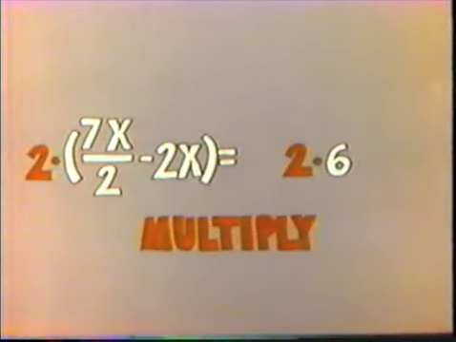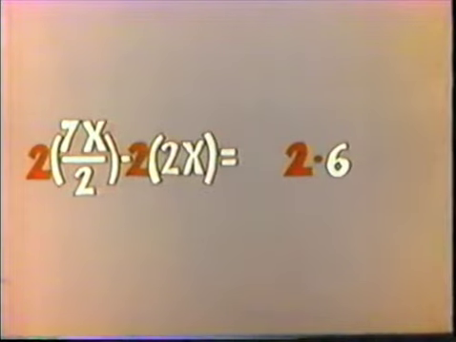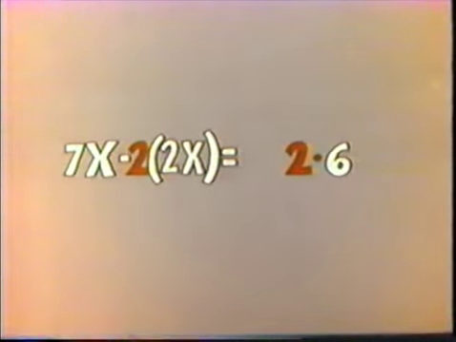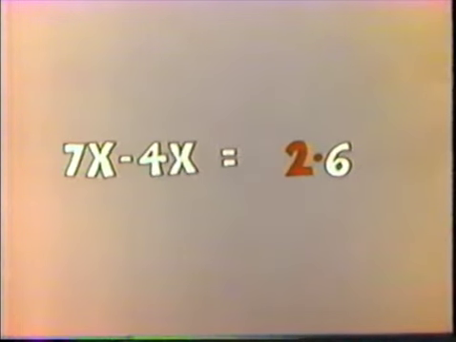Now that all the x terms are on the left side, our goal is to find out what x is equal to. Let's multiply both sides by 2 to eliminate denominators. The left side can be expressed as 2 times 7x divided by 2 minus 2 times 2x. Simplifying further, we find that 2 times 7x divided by 2 equals 7x, while 2 times 2x equals 4x, and the right side is 12.